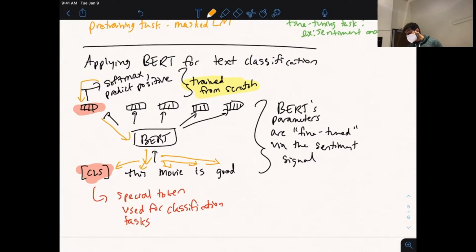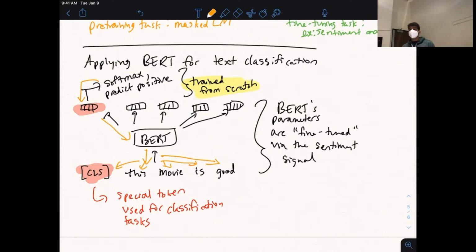So the question is, can we use the same setup to solve multiple downstream tasks with the CLS token? Yeah, so if I wanted to do, I don't know, topic classification of a document or something, I would still just put a different softmax layer on top of the CLS token and fine-tune it with the downstream task signal.